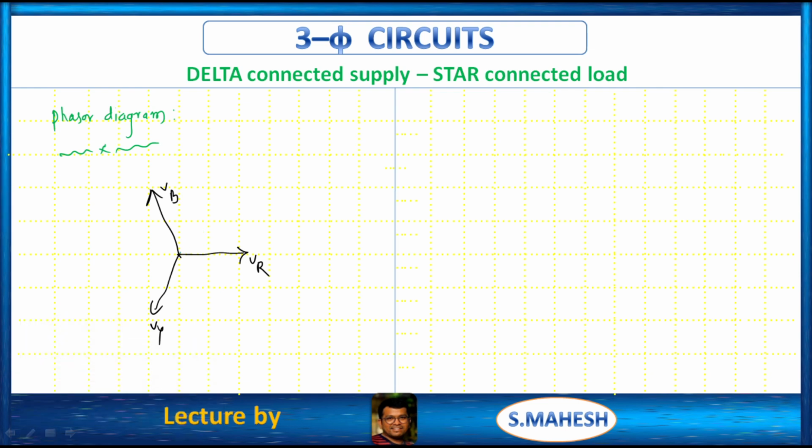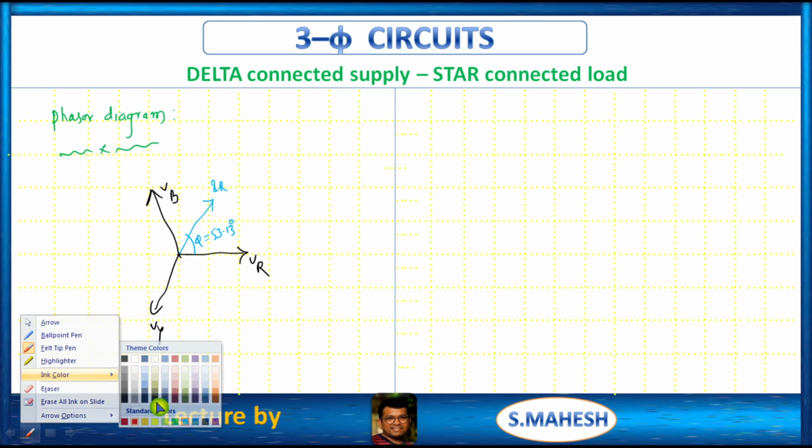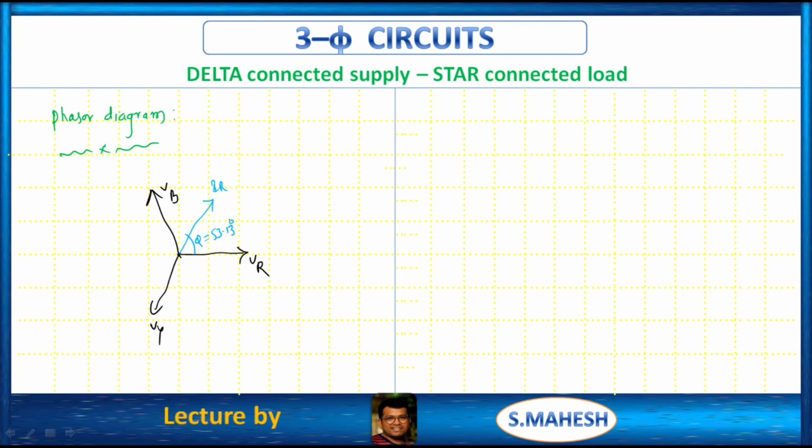Here I am providing only one phase, IR only, that is phi, which is equal to 53.13. Next, the line voltage, which is present between VR and minus VY, is always ahead by 30 degrees of this phase voltage. This is VRY. We all know that. This is 30 degrees.